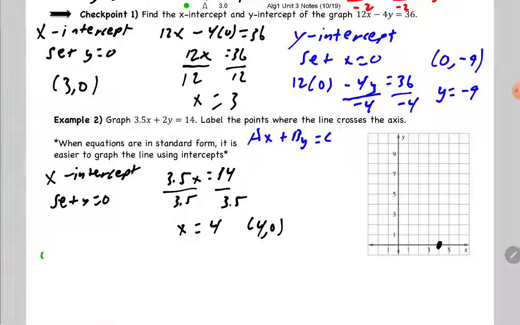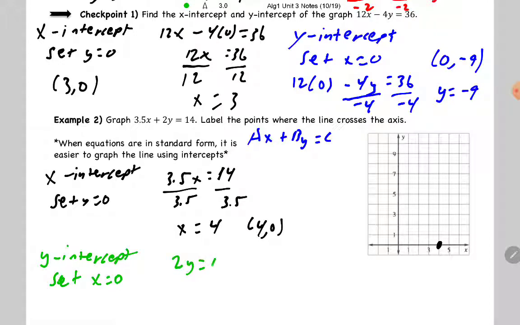Okay, y-intercept, set x equal to 0. So I have 2y equals 14. Divide by 2. Y equals 7. Or 0, 7. So we make that point.